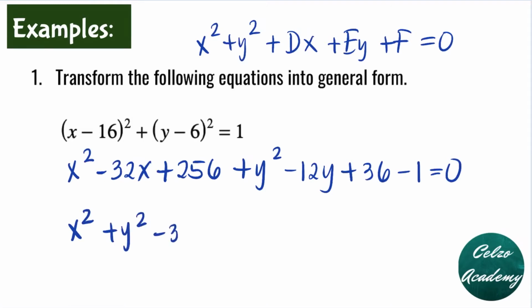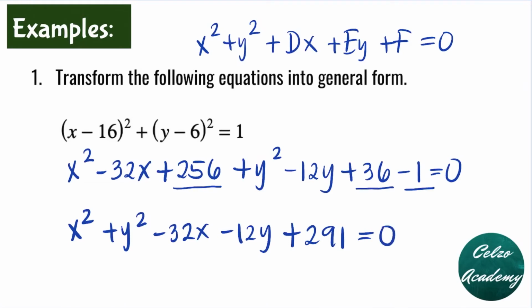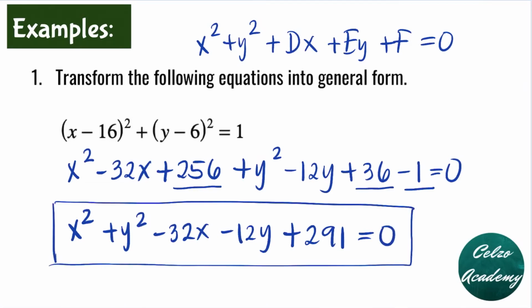Next, we have negative 32x, followed by minus 12y. And then we will combine 256 + 36 - 1. 256 + 36 is 292. 292 minus 1 is 291. So we have plus 291 is equal to 0. This is the equivalent general form.